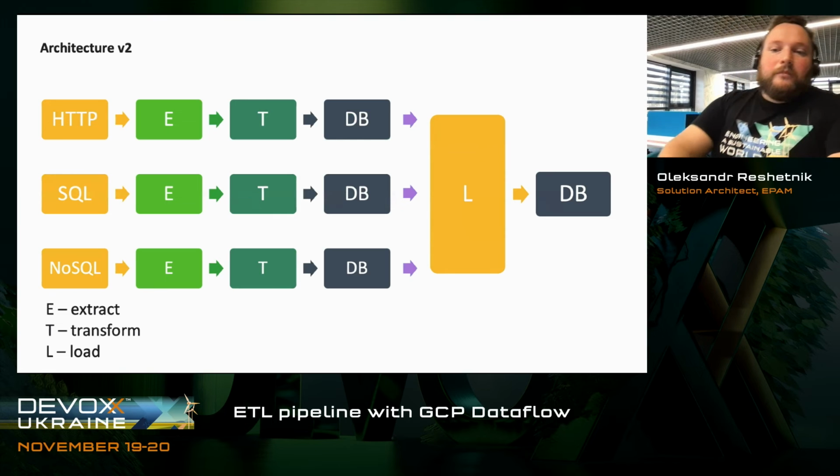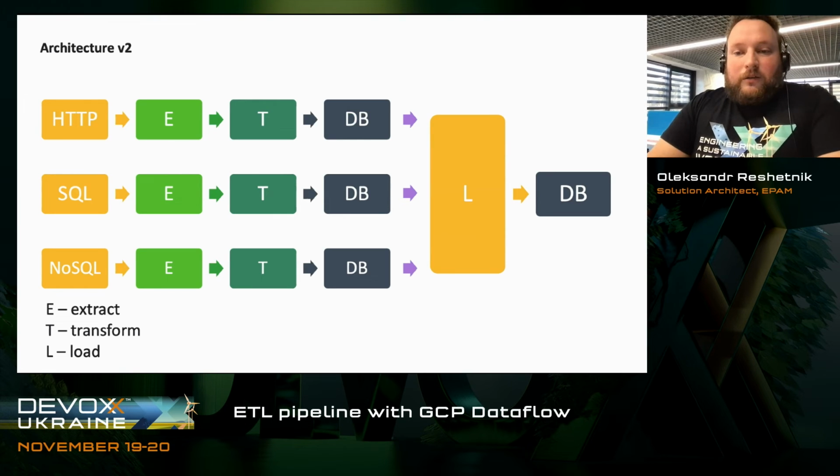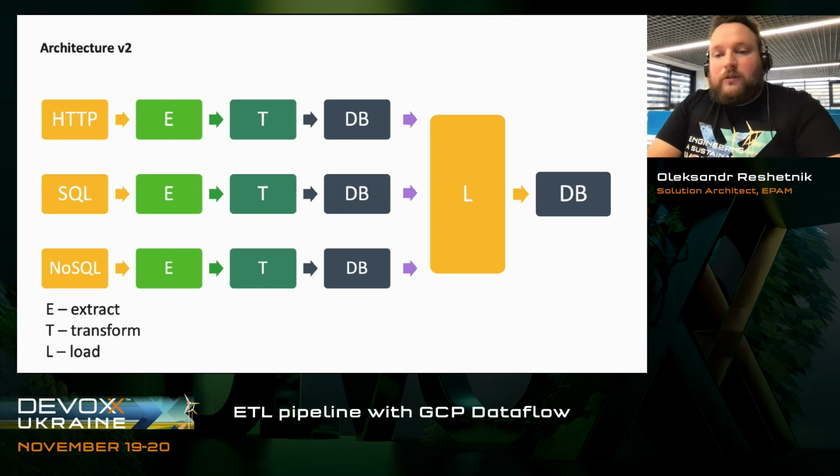After some time and a deeper dive into the customer domain, the approach was changed. It was simplified for the next possible integrations. We decided to remove the final data load from the integrator's area of responsibility.